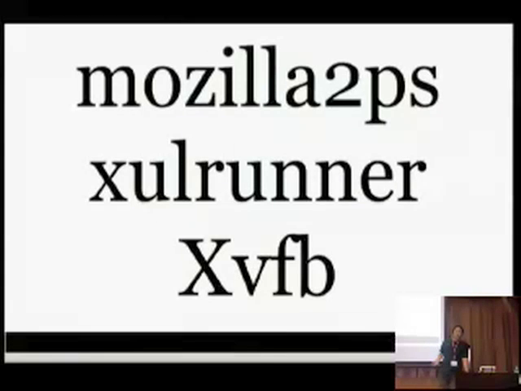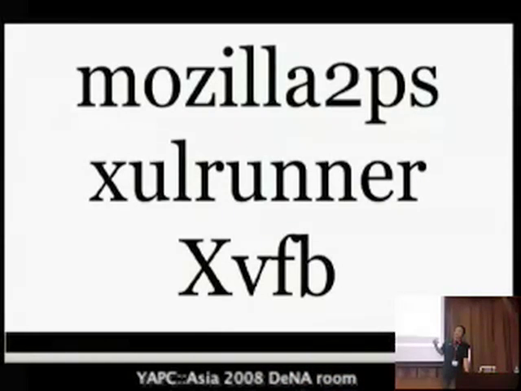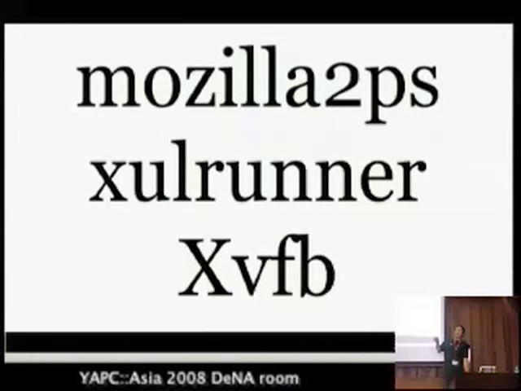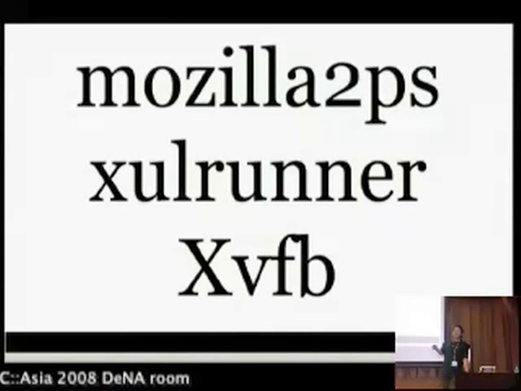So what we did is we found an XUL application called Mozilla2PS, which basically automates starting Mozilla in the background, pressing print, saving as PostScript, and then converting it to PDF.